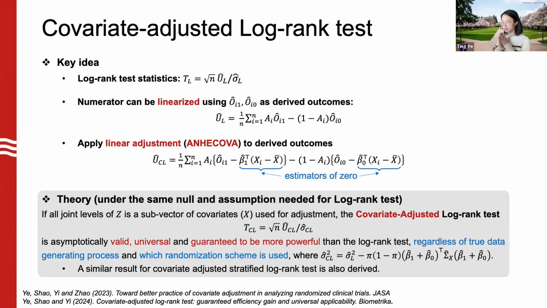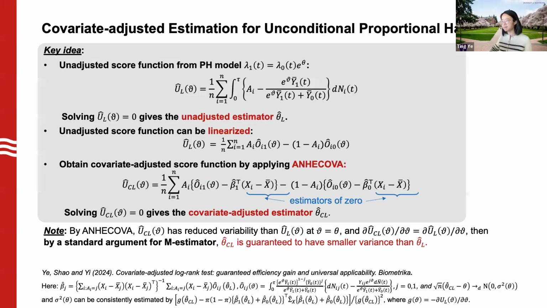Now we have a more powerful test than the log rank test, still testing the same null under the same censoring assumption. After the test, we usually like to also report an effect estimate. What we usually report is from fitting a Cox model that just includes a treatment indicator.